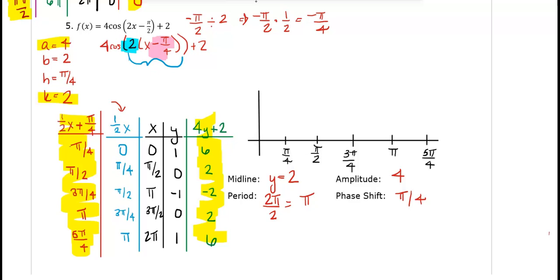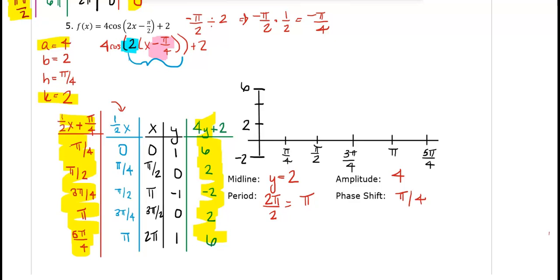And then now I can see that my y-axis is going to go up to 6 and down to -2. So I've got -2 here. That would be 2, that would be 4, and that would be 6. Trying to kind of evenly space it a little bit. Okay, so now let's go ahead and graph that.